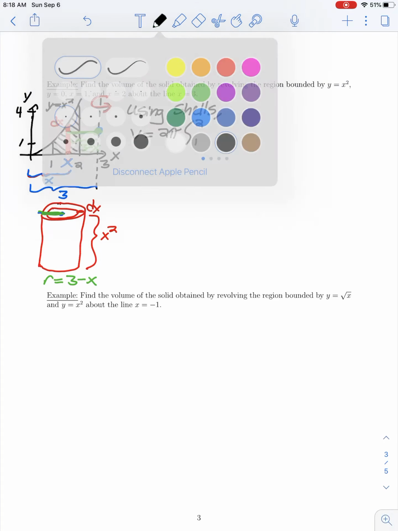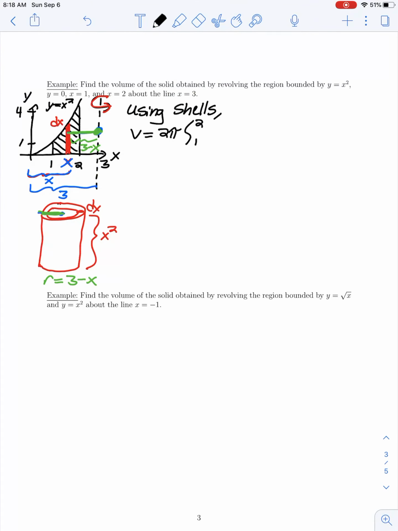So for our integral, using the shell method, we have 2 pi times the radius of our cylinder, which is now given by 3 minus x, times the height of our cylinder, which we said is x squared, times its thickness, which is what we were calling dx. So once we have this integral set up, in order to evaluate it, we can distribute the x squared.